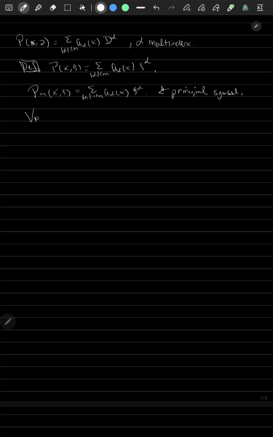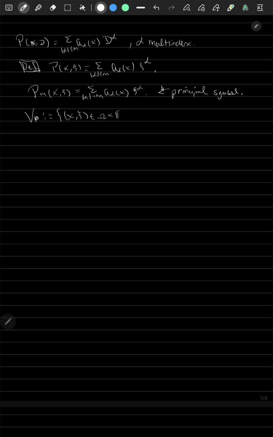I'll call it V_P, where P is the differential operator. It's going to be the set of all points (x, xi) in omega, where let's say omega is the domain of the distributions on which you will apply the differential operator.